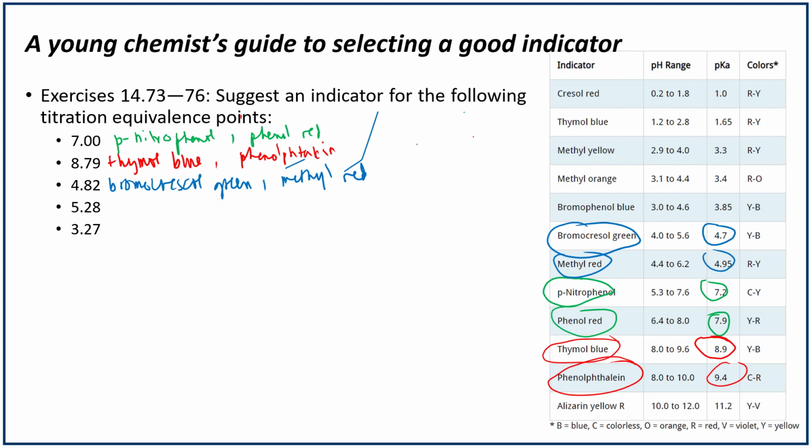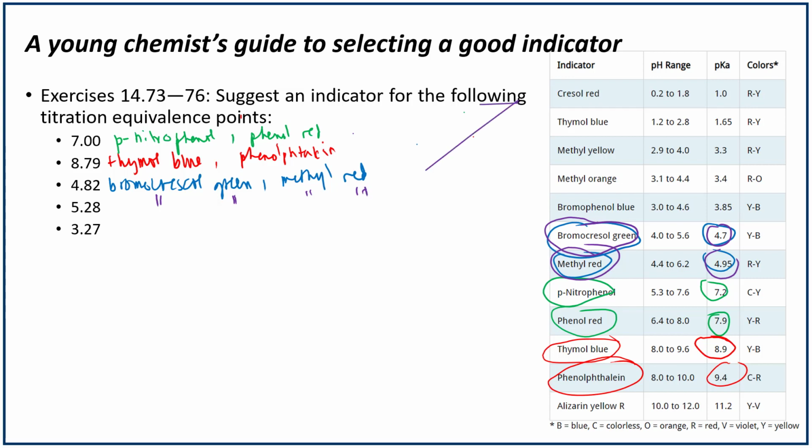And then for the next one we have 5.28. So for 5.28, let's look again at the pKa values. We can actually use the same things too. So bromocresol green and around methyl red. Those are close to 5.28. So let's just put this in quotes like that, just to denote that we're going to use the same thing.